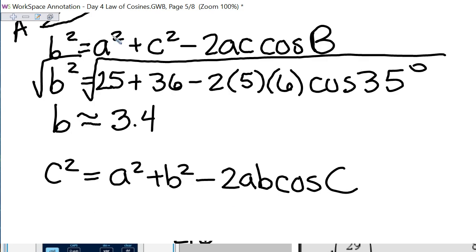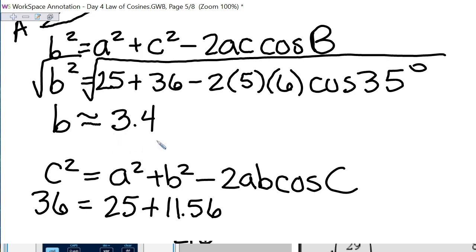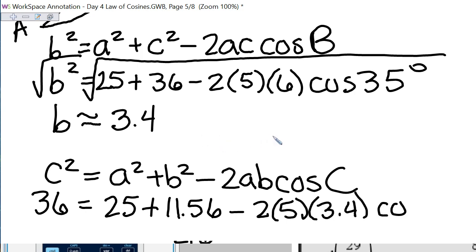Fill in what we know. So we just said C squared was 36. We just said A squared was 25. Plus, we just solved for B. What is B? 3.4. What is 3.4 squared? 11.56, minus 2 times 5 times 3.4 cosine of angle C. Do some simplifying.